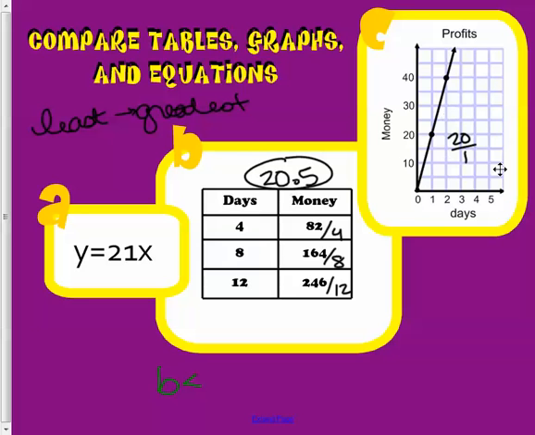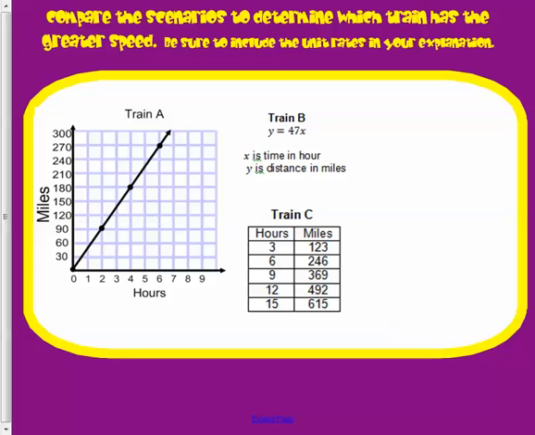C is your least at 20 over 1, because if you rise 20 and you run 1, it's only 20, and $20.50 is greater than 20, so I apologize. So it's C is less than B, which is less than A, because A is 21 as its slope. Let's look at some more.